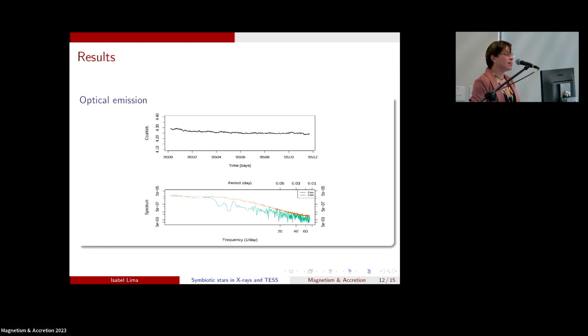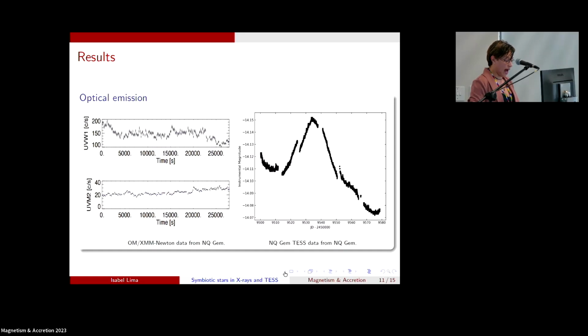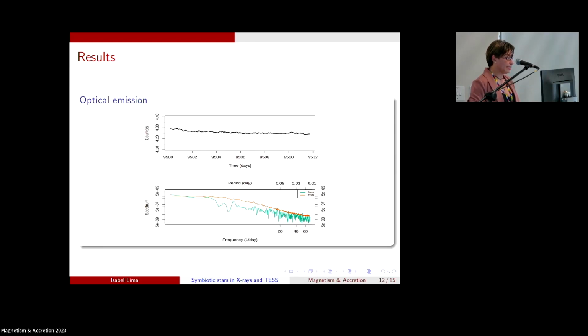Next, I looked for periodicity in the optical data, and just for NQ Gem here, I'm using in the next figure this part of the TESS data. It's the 44th sector of TESS, and we applied the REDFIT code, which estimates the red noise.